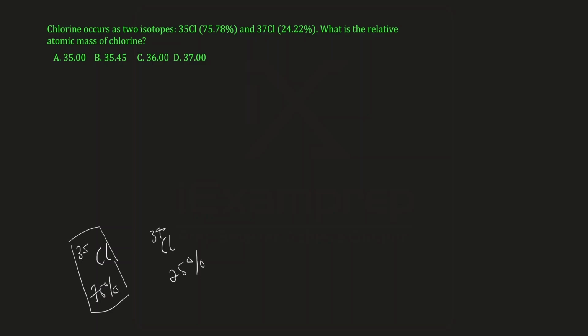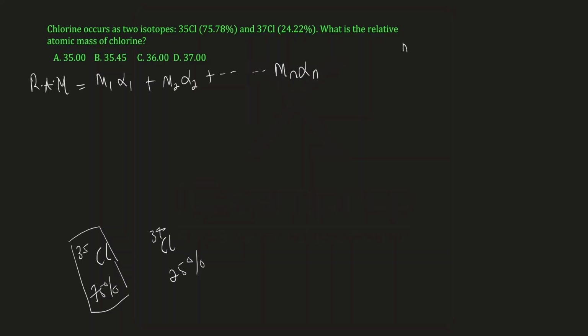Now the formula that I give for calculating the relative atomic mass of an element that exhibits isotopy is: relative atomic mass is equal to the mass of the first one multiplied by the abundance of the first one, plus the mass of the second multiplied by the abundance of the second, and so on until you add all the isotopes. So if it has just 2 isotopes, it's going to be mass of the first multiplied by abundance of the first plus mass of the second multiplied by abundance of the second.